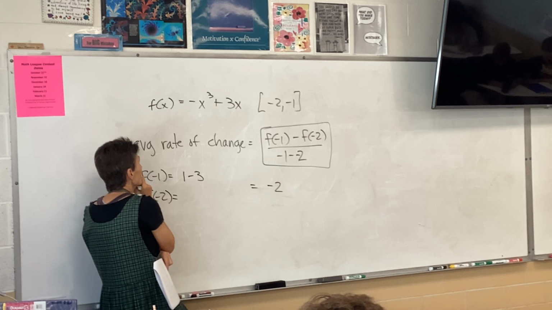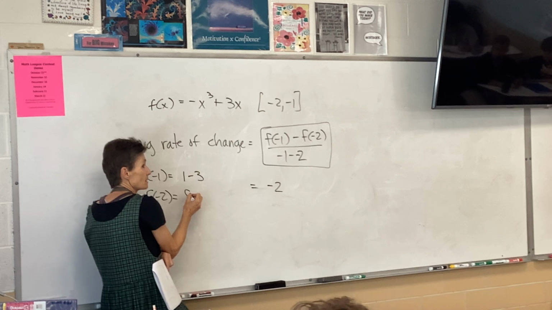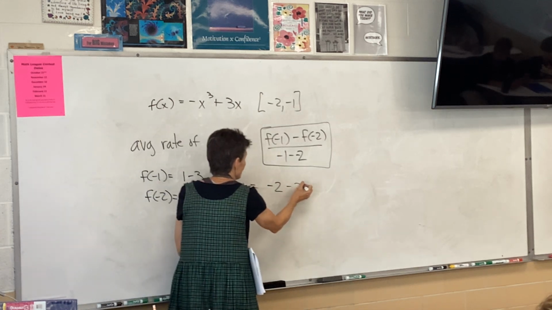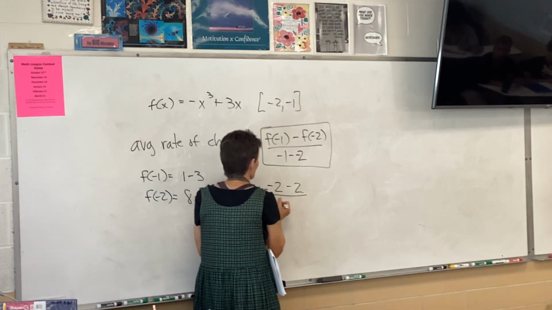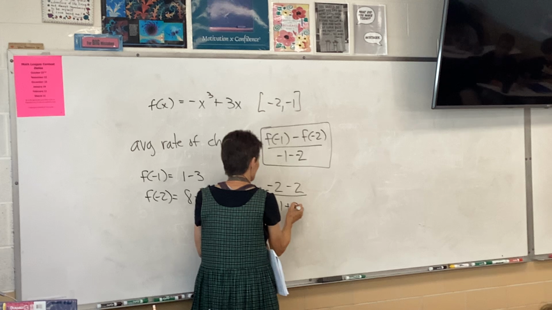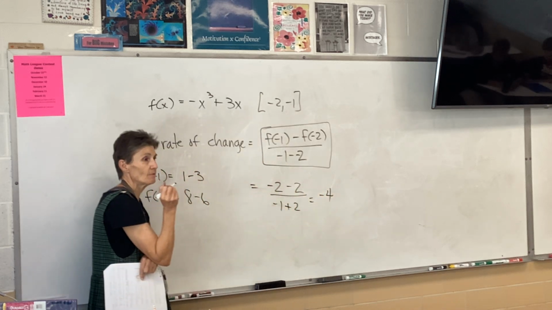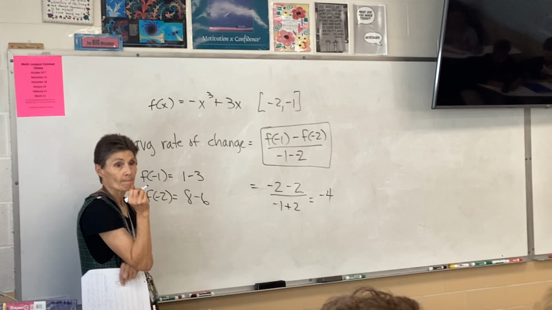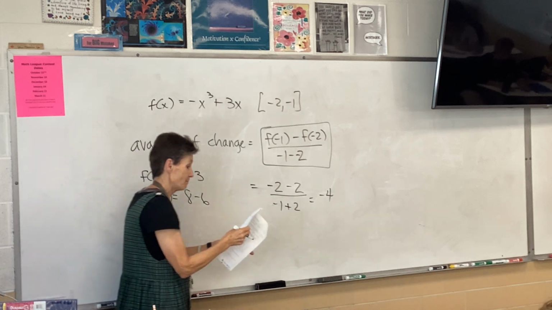What's that going to be? 8 minus 6? Yep. 2. And then I'm dividing by basically this. So it looks like my rate of change is -4, my average rate of change. That okay?